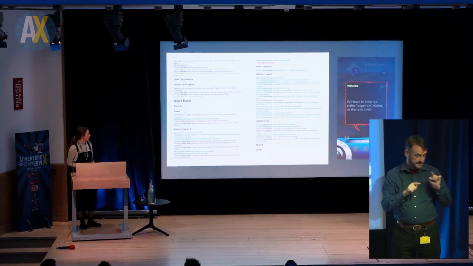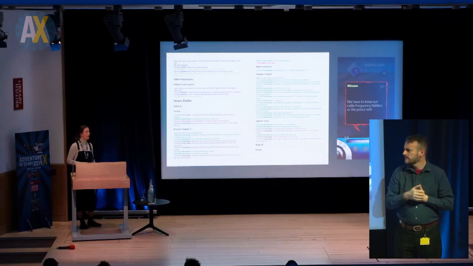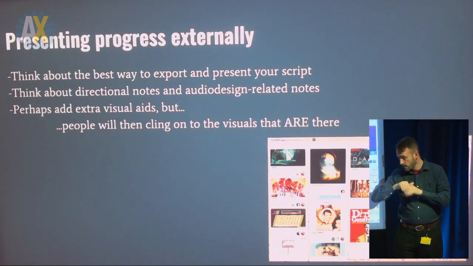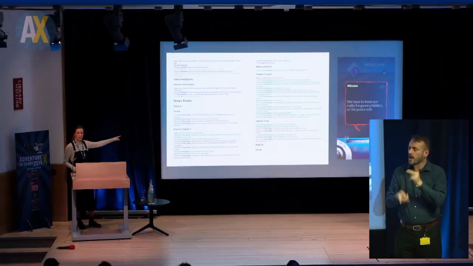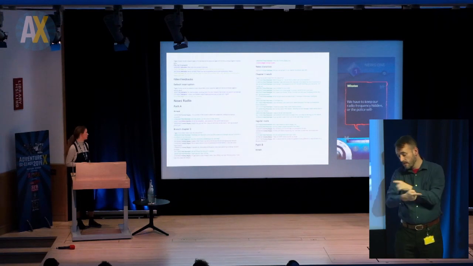But that also meant that if you send this to a partner who is not really part of your process but still wants to know what you're doing, they will not get that context. So if you're not able to put directional notes directly into there, maybe think of a way to at least add notes, or for instance, if you extract it like this, maybe add something in there, especially for the people who need to read this, to make it easier for them to understand what you're doing.